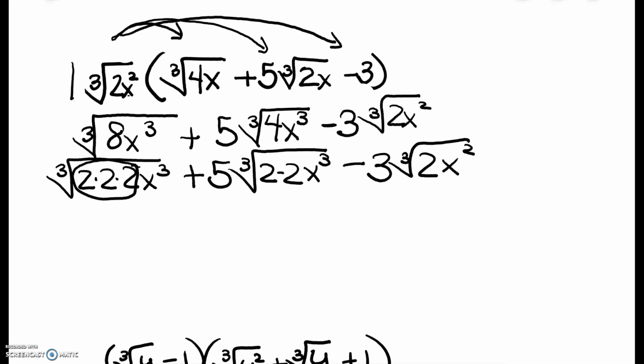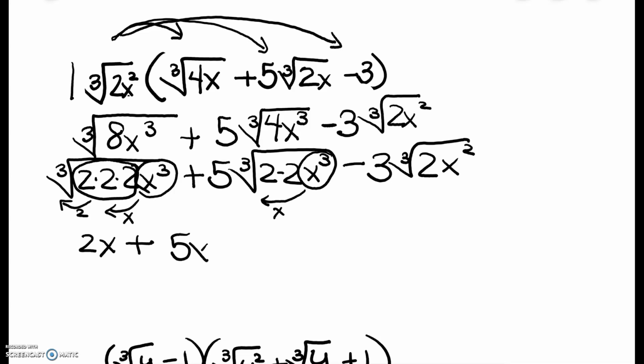I have a group of 3 2s and a group of 3 x's, so they both come out. So I get a 2x plus, I only have a group of 3 x's for the second one, so an x comes out. 5x cube root of 4. And I don't have any groups of 3 in this last one. So the cube root of 2x squared.